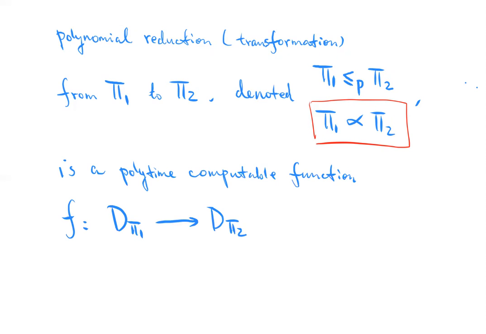Of course, this is not an arbitrary function, because the purpose is: if I know how to solve problem pi 2, I know how to solve problem pi 1.